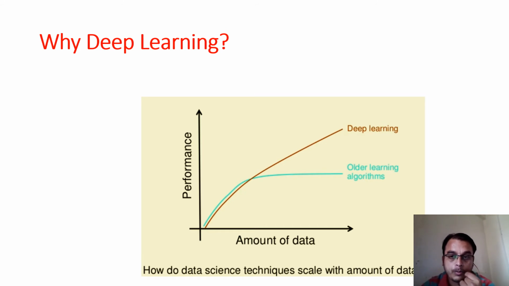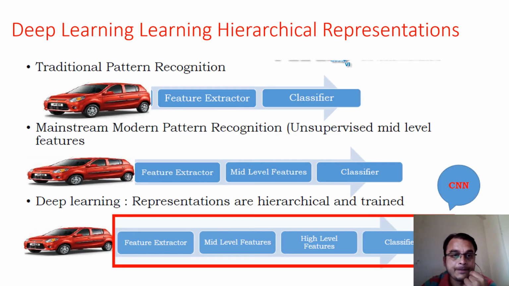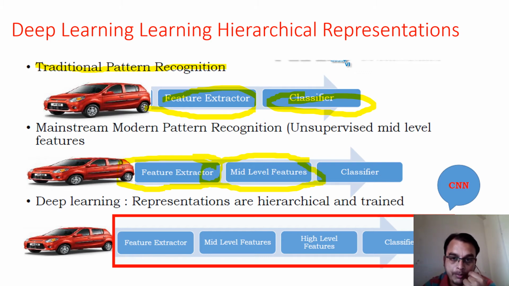Okay. Now, the deep learning hierarchy representation. If you check over here, traditional pattern recognition has only a feature extractor and a classifier. In the unsupervised mid-level approach, a feature extractor was there, mid-level feature extraction parameters were possible, and then I can do the classification. But for deep learning, everything happens in a single mechanism.